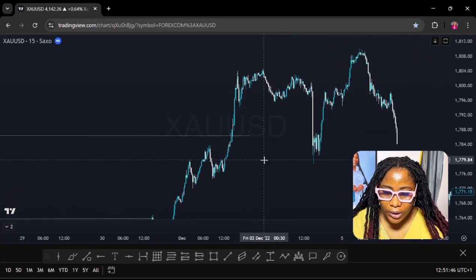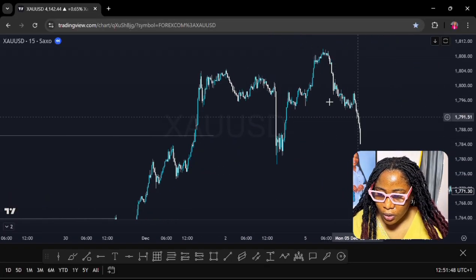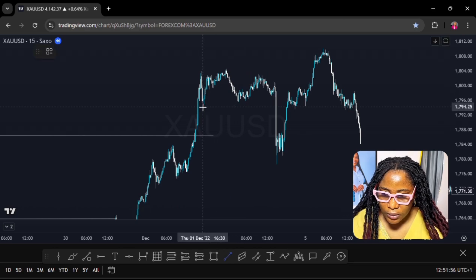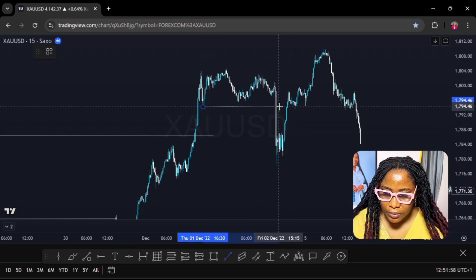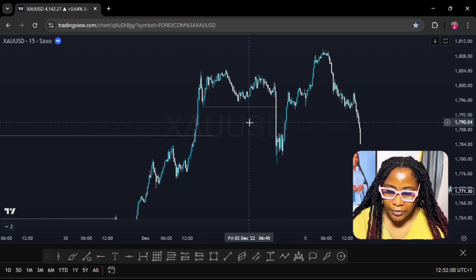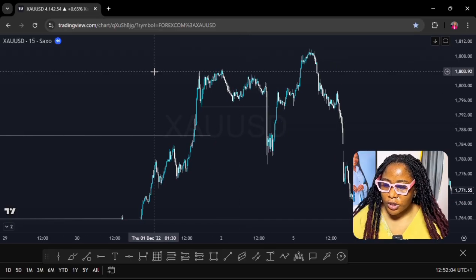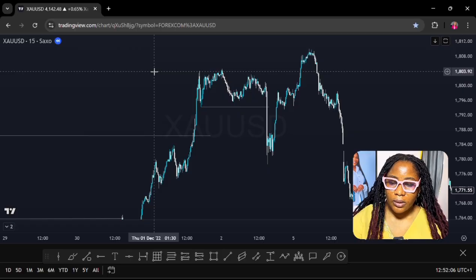Now we'll keep following the 15-minute structure until here. You can see that this high took out this one, so taking out the low, a change of internal character for us. So it's best to zoom out.